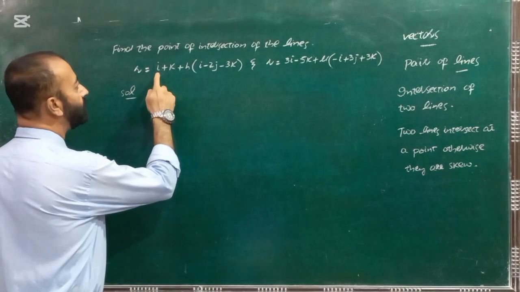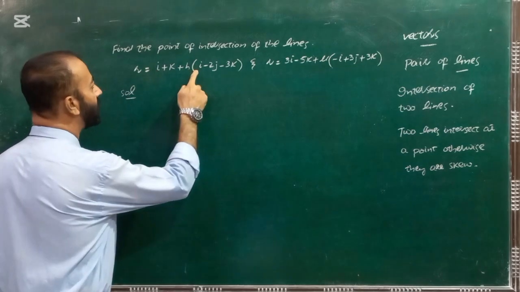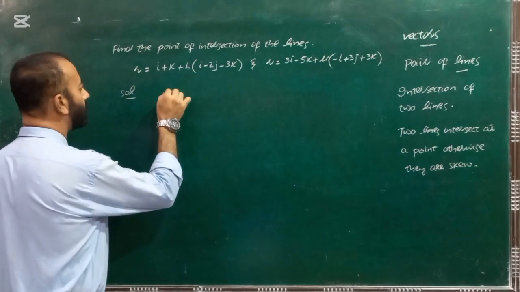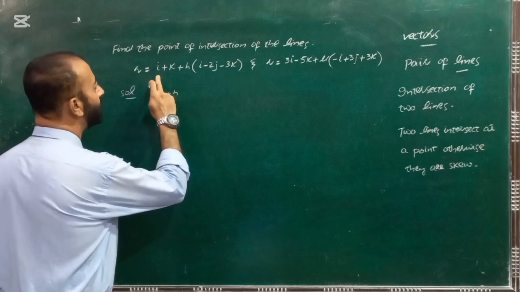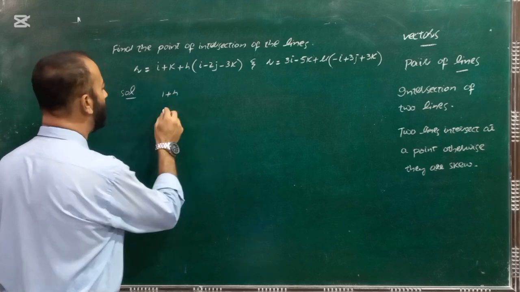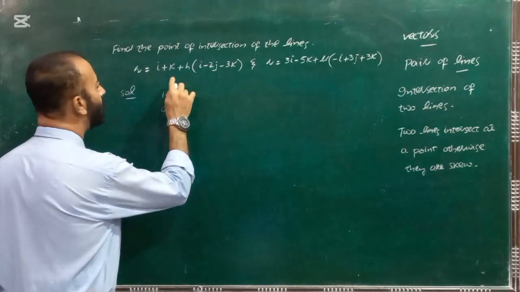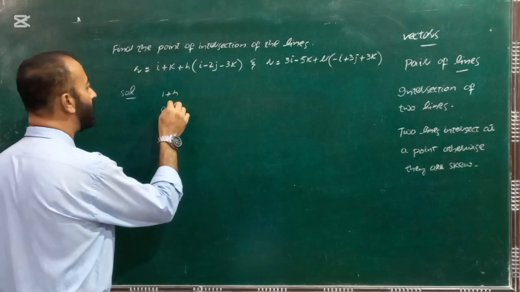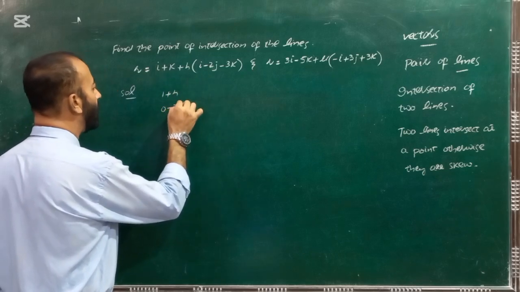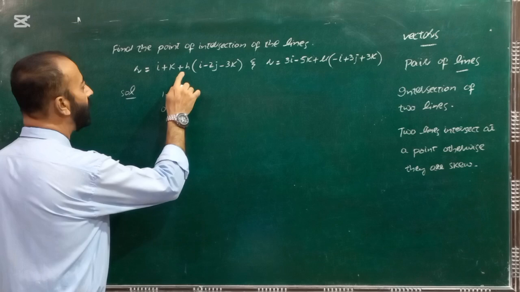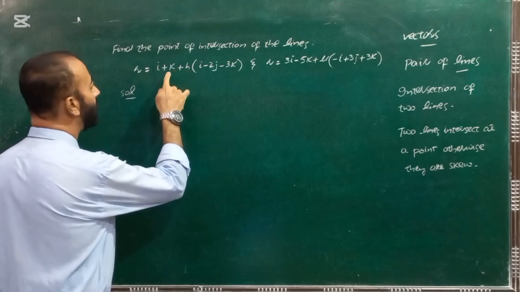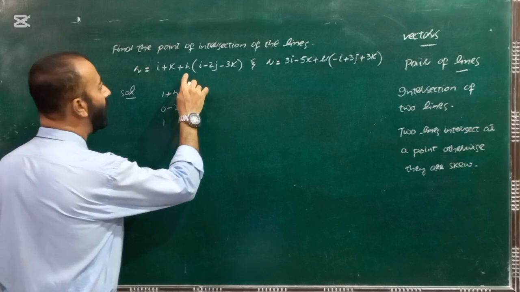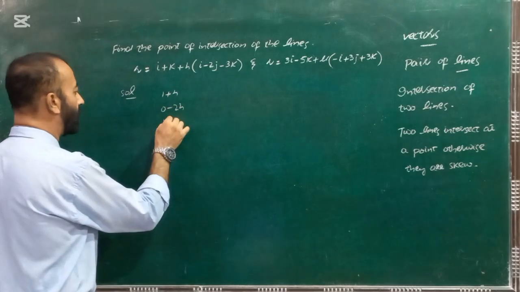In the first line, i component: 1 plus lambda. The second, j component, is 0, so 0 minus 2 lambda. And the third one, k, that is 1, and here is minus 3 lambda.